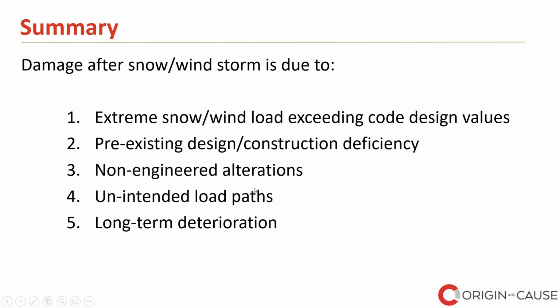So in summary, extreme snow and wind load conditions, depending on their magnitude, may or may not be the root cause of the damage. The true root cause of the damage might, in extreme cases, be actually the loads. But in a lot of cases, the root cause is pre-existing design and construction deficiencies, non-engineered alterations, unintended load paths, and long-term deterioration.